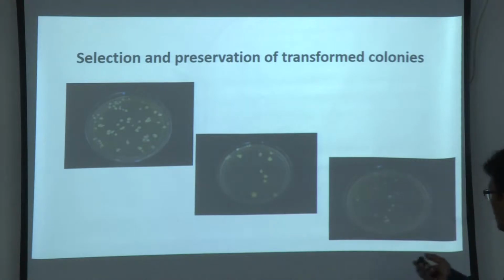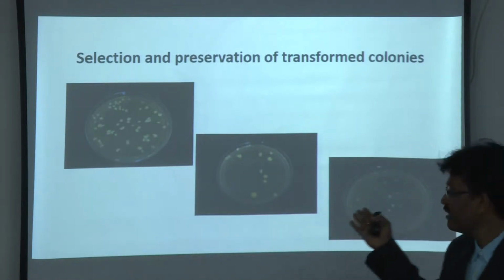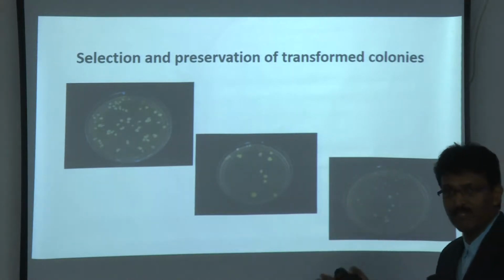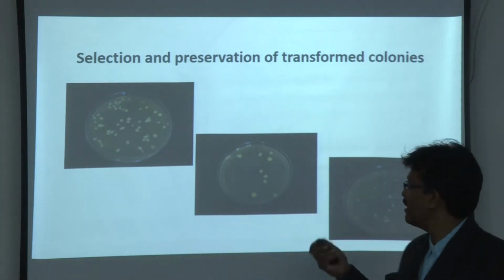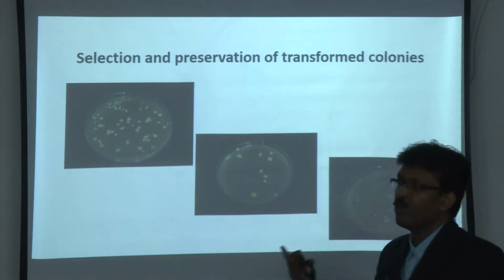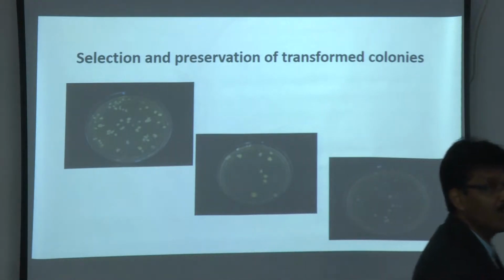Okay, so then you have to preserve the colonies, and you have plenty of options here. The photograph was taken from our own group. So one of the students got this many colonies. When you have colonies like this, you have an opportunity to take the best one, which is giving exceptional fluorescence.